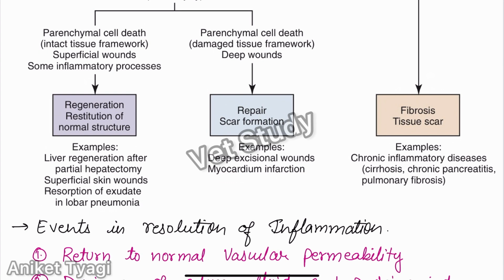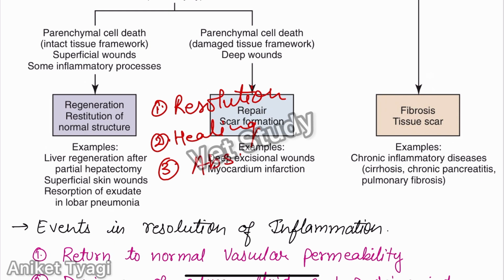So the outcome of the acute inflammatory response is either resolution, or it may be healing by fibrosis. Third may be abscess formation, and fourth may be progression to chronic inflammation.